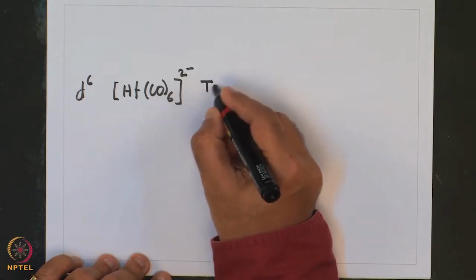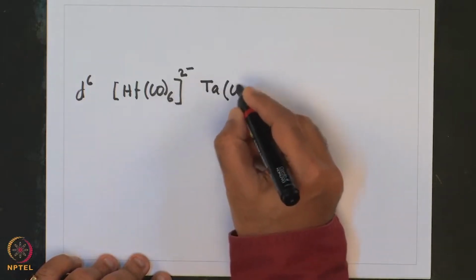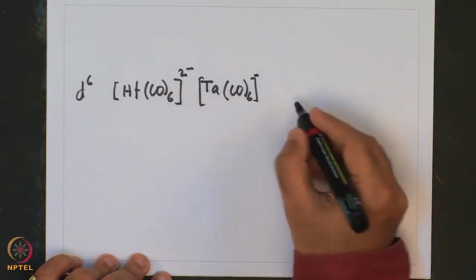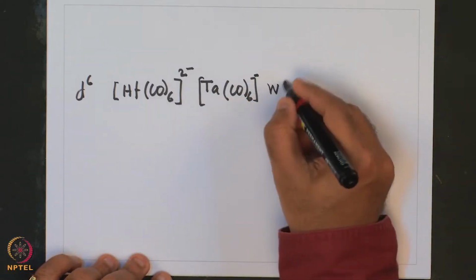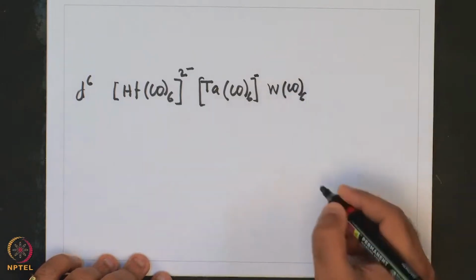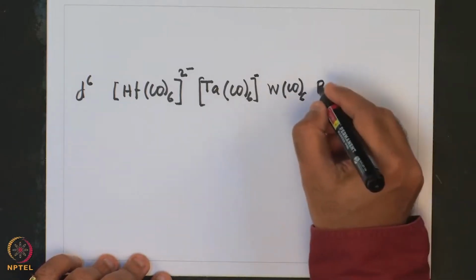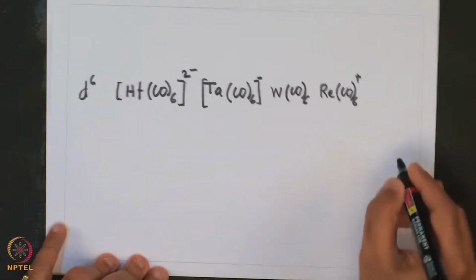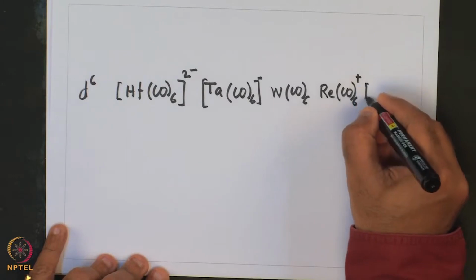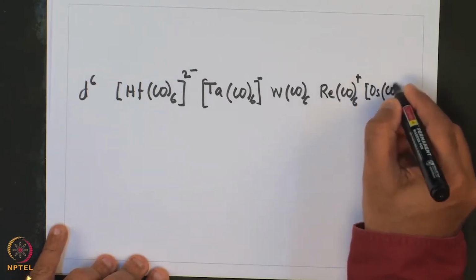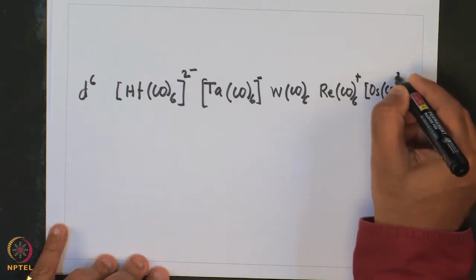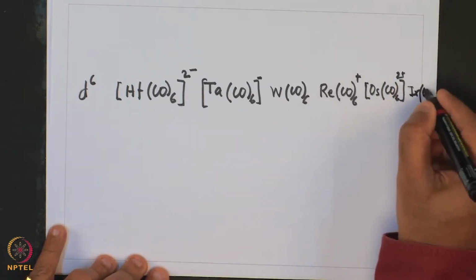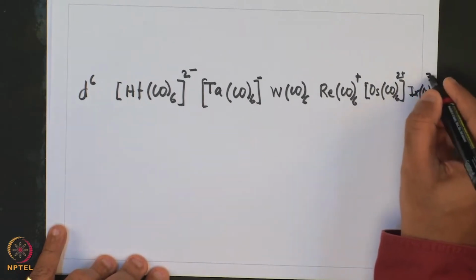Then let us say tantalum CO6 minus, then comes tungsten CO6 which is neutral, then rhenium CO6 plus followed by osmium CO6 2 plus, finally iridium CO6 3 plus.